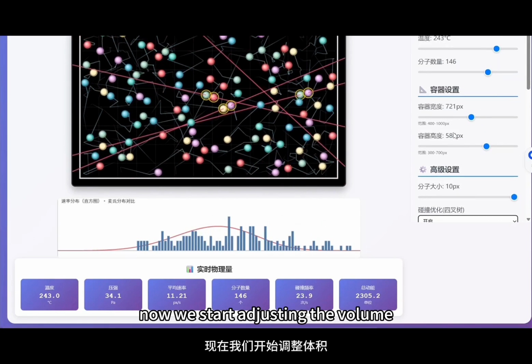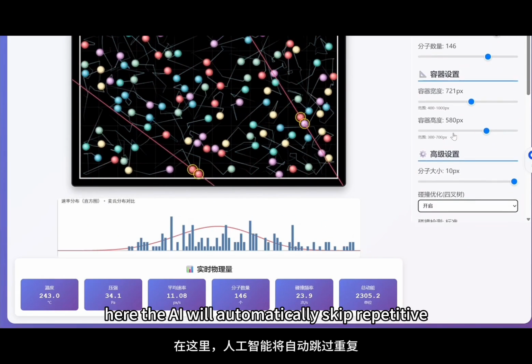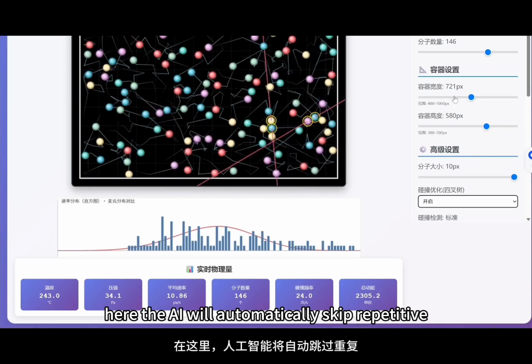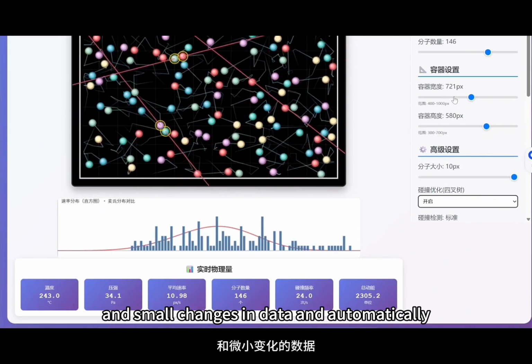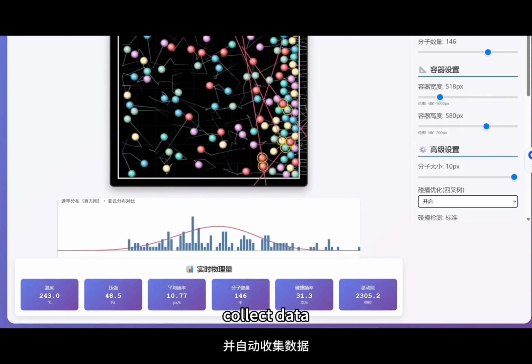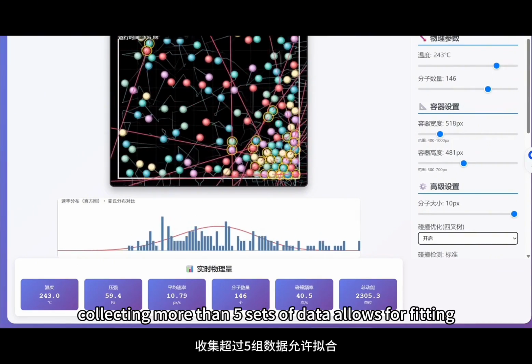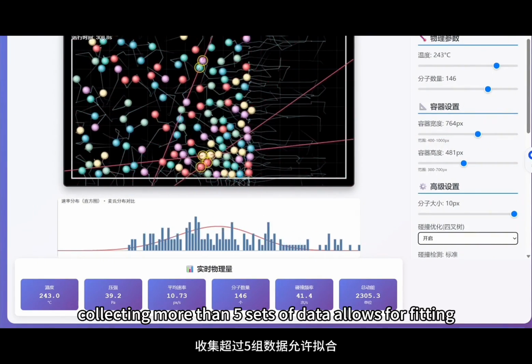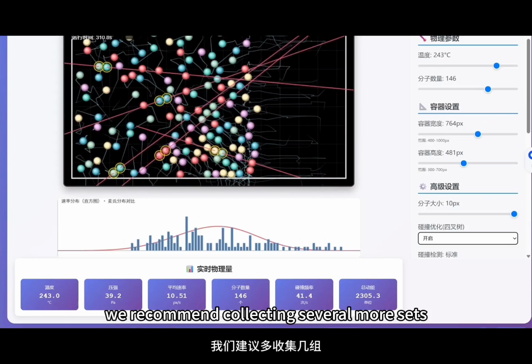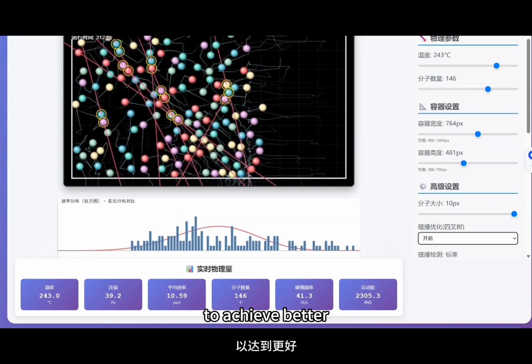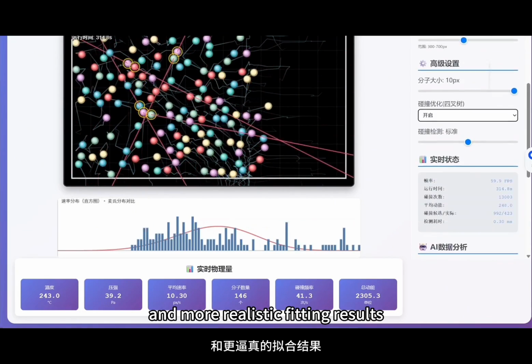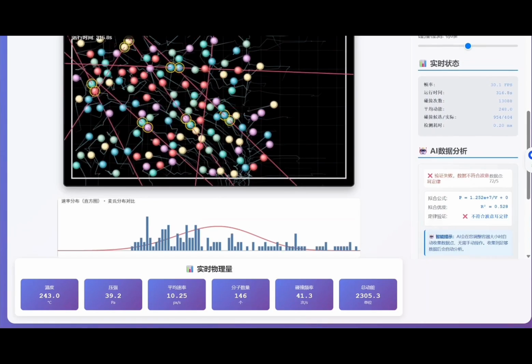Now, we start adjusting the volume. Here, the AI will automatically skip repetitive and small changes in data and automatically collect data. Collecting more than 5 sets of data allows for fitting. We recommend collecting several more sets to achieve better and more realistic fitting results.